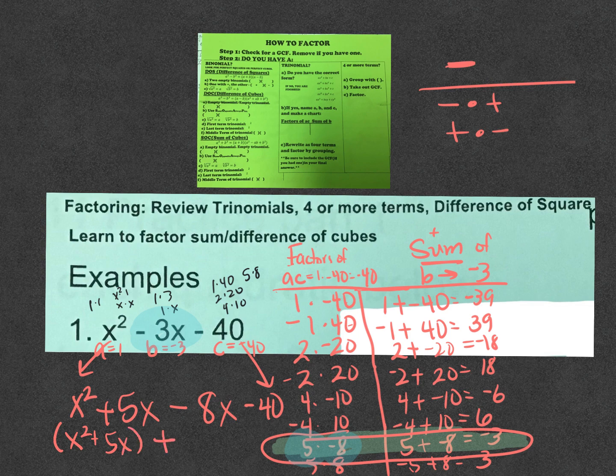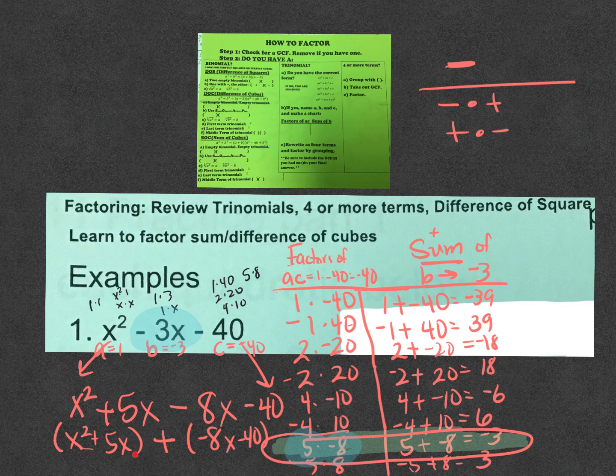Be sure to put a plus sign in the middle. And then negative 8x minus 40 in my second group. I'm probably going to have to go up here to this empty space and finish this problem after I do the next part. Okay, so now what we're going to do is factor this binomial here.